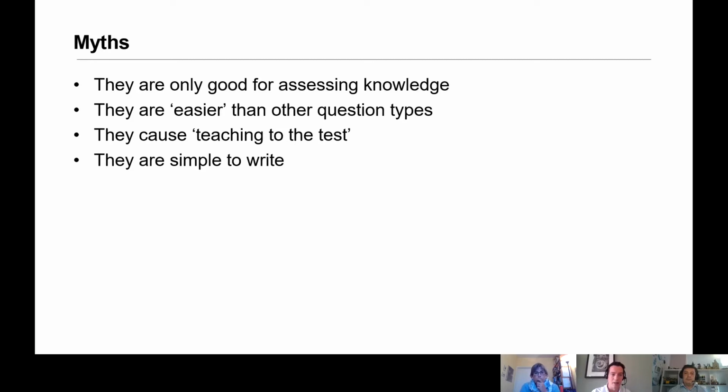But they're also interesting in that the difficulty of MCQs is actually somewhat determined not just by the correct answer option, but also by the plausibility of the distractors that you include. We'll see some examples later on of ones related to common misconceptions.